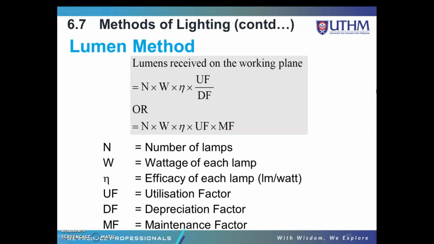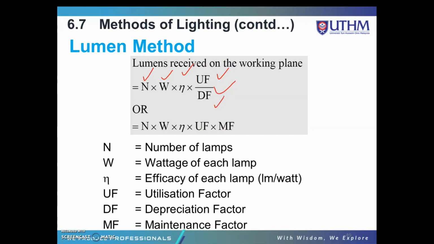Okay, for this chapter, we will look at the lumen method. The equation for the lumen method is this: lumens received on the working plane equals the number of lamps, n, times the wattage of each lamp, times the efficacy of each lamp, which is lumen per watt, times the utilization factor, divided by the depreciation factor.